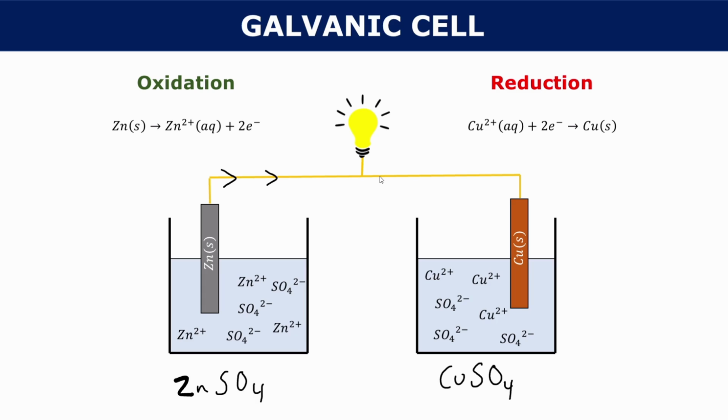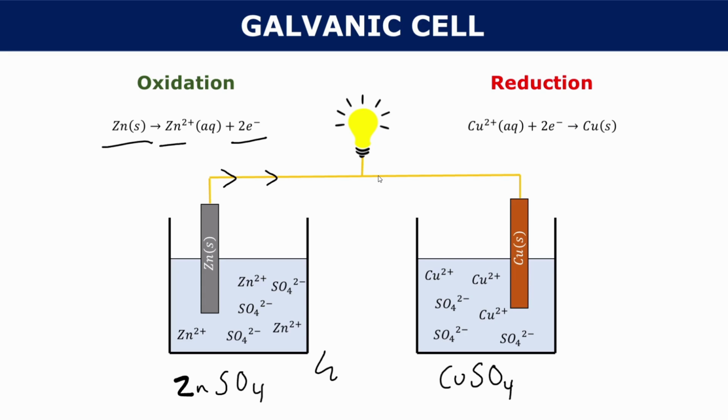So let's see how the oxidation and reduction equations are going to affect the cell. So look at the oxidation half equation. What we realize is that zinc solid gets used up to produce zinc ions and 2 electrons. What this means for this oxidation half here is that the zinc is going to start to deteriorate.